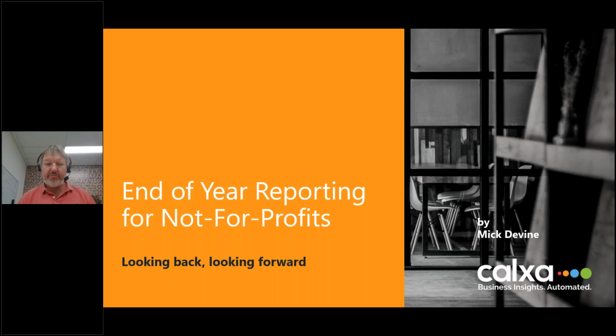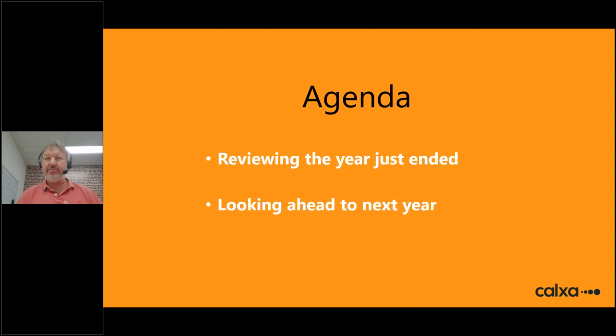So I guess what we generally do with end of year reports is a bit of looking back at the year that's just finished, seeing how well we've done, what's happened, what's not happened, and then also some looking forward to the next year that's coming up.